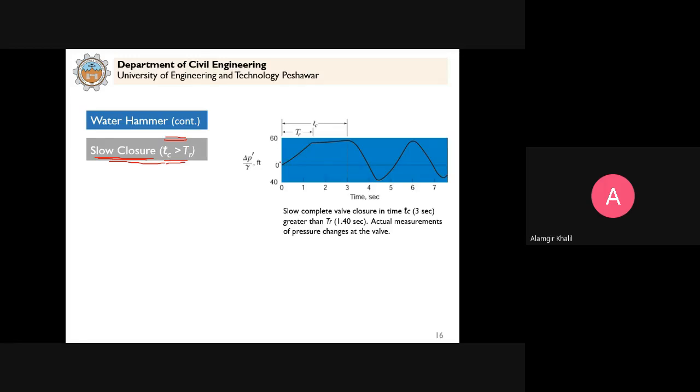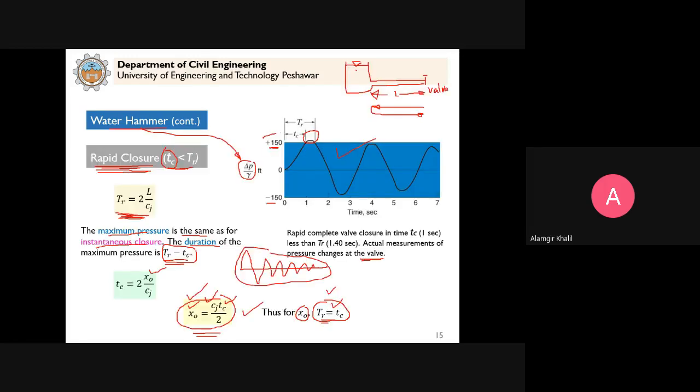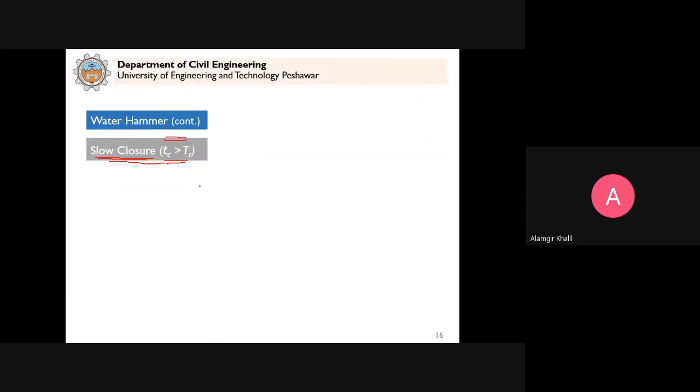So that's why you can see that previously the increase in pressure is above 150 for the actual case, because we close the valve rapidly, and the closure time is less than the return trip. So that's why the maximum pressure is reached. In this case, the time of closure is more than the return time of the pressure wave.